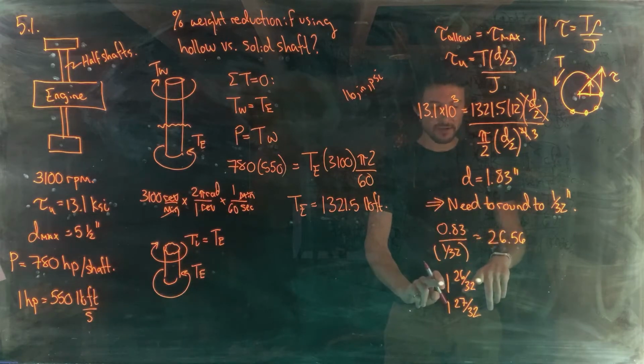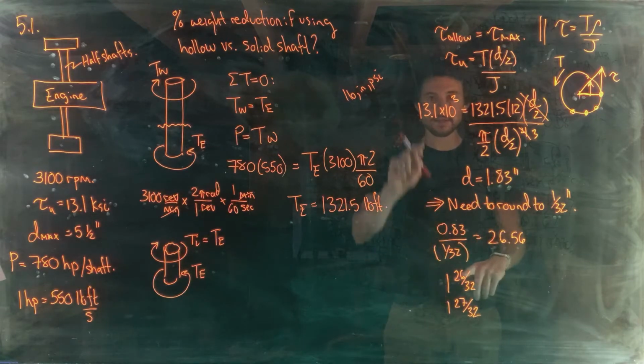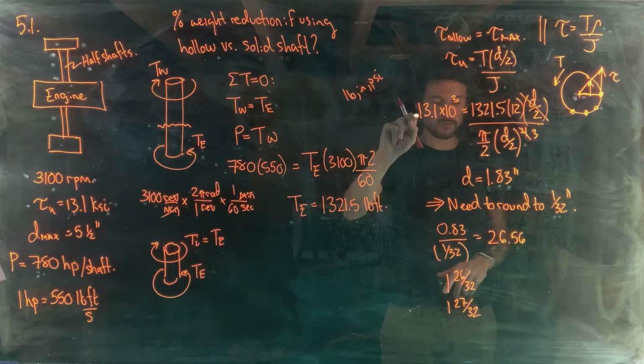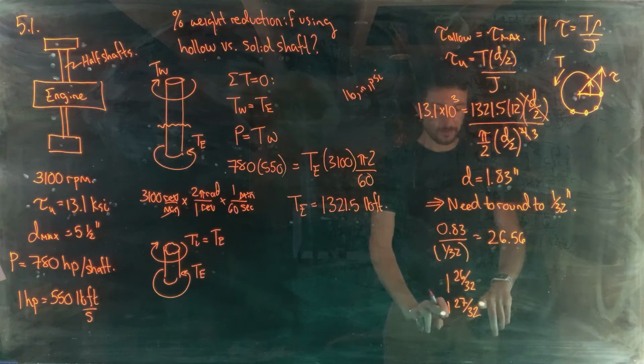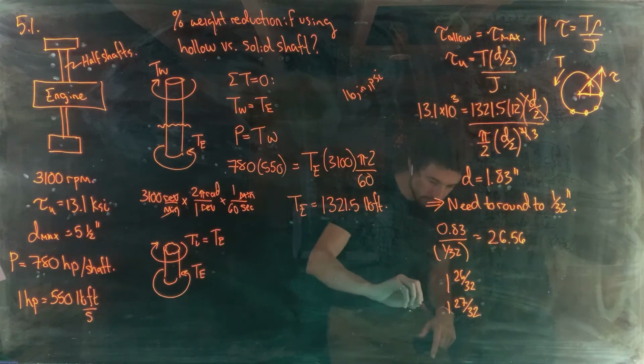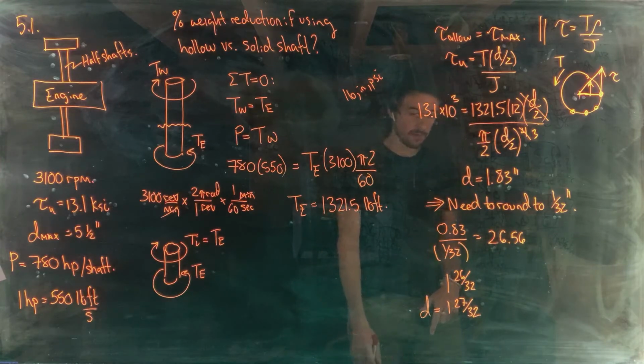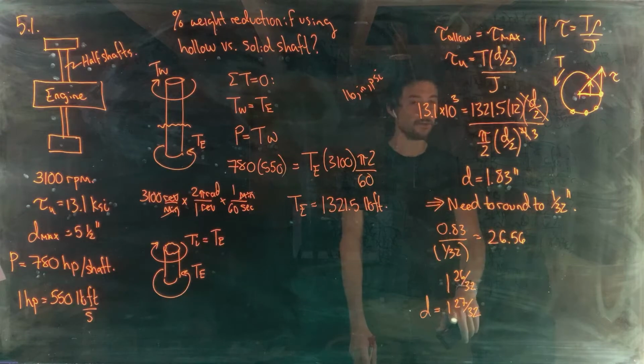If we round down to 1 and 26/32, the actual maximum stress will exceed 13.1 times 10 to the 3 PSI, and the shaft would break. So we need to round up in this case. So this would be the required diameter that we need for the solid shaft.